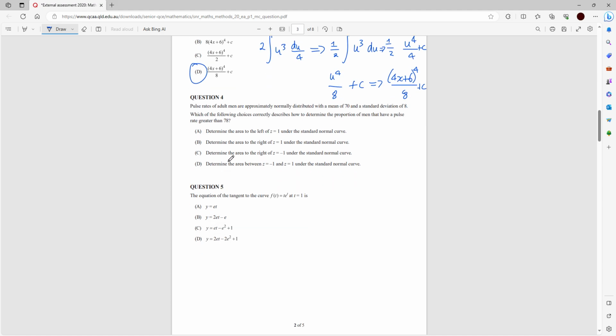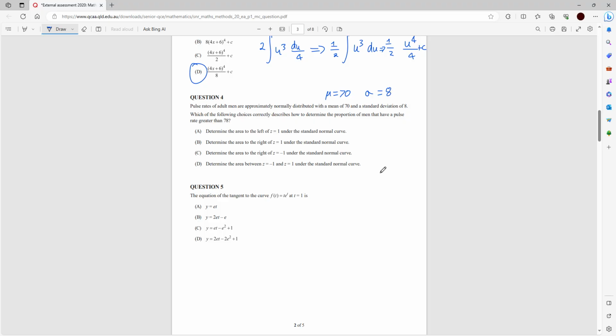Alright, let's take a look at 4 now. I might rub this out just in case I do need the room. Righto, so question 4 is straight up, I think, a normal distribution. So pulse rates of adult men are approximately normally distributed with a mean of 70. So straight up, that's going to be your mu is 70, and your standard deviation is 8.